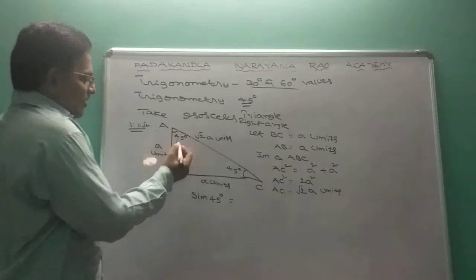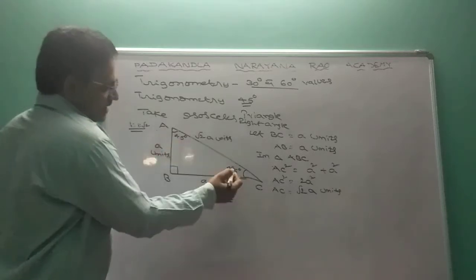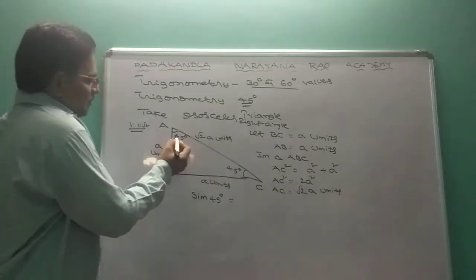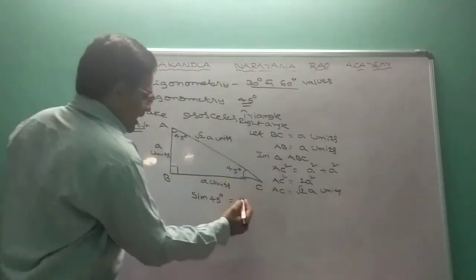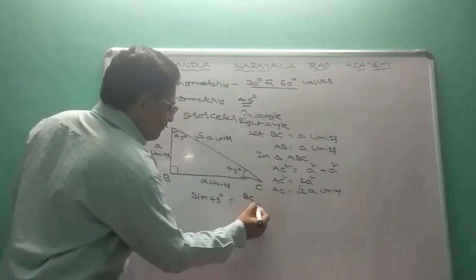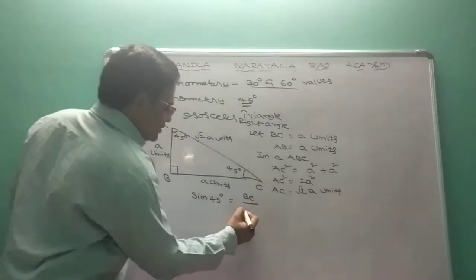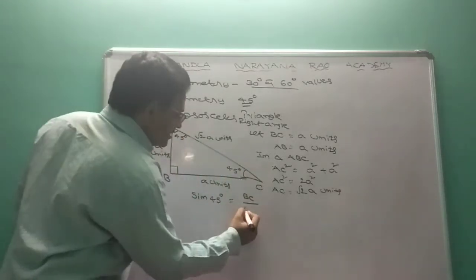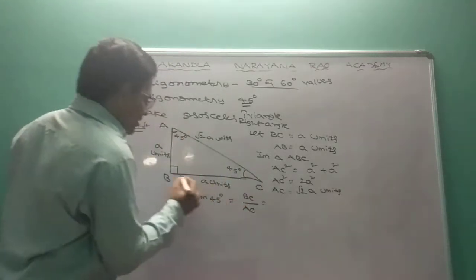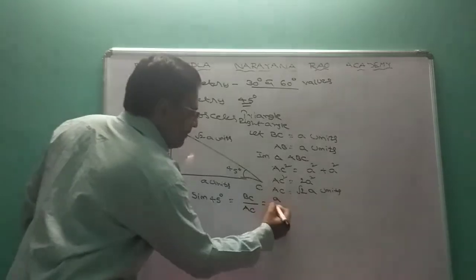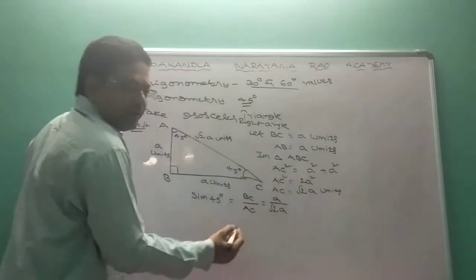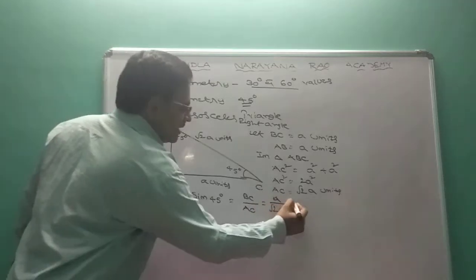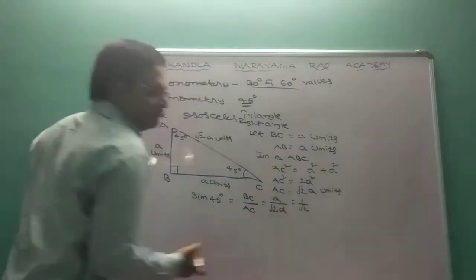Either A or C you take, no problem at all. I am taking A. Sin 45 is opposite side by hypotenuse. Hypotenuse is AC, so BC is A by AC root 2A. A and A get cancelled, that equals 1 by root 2.